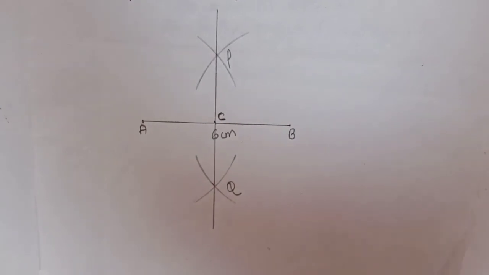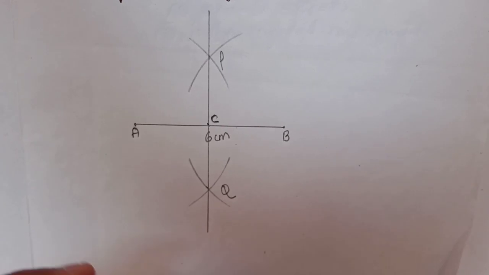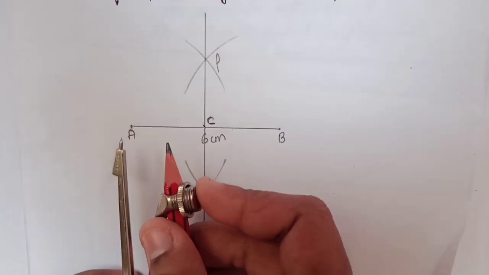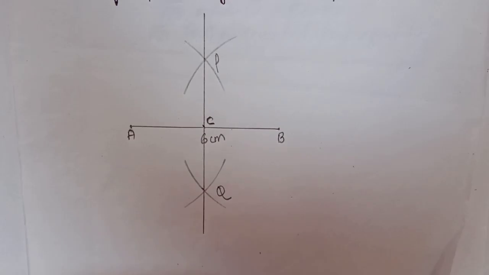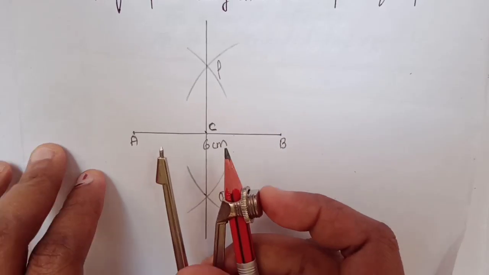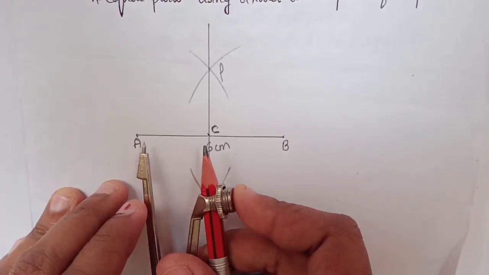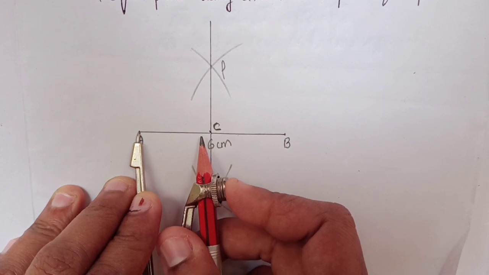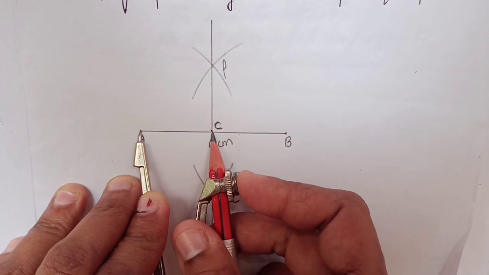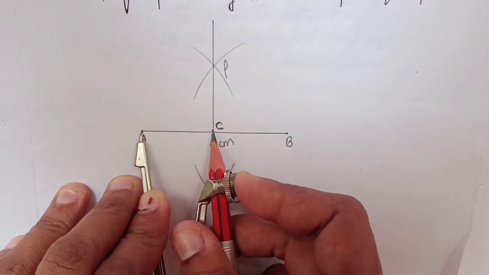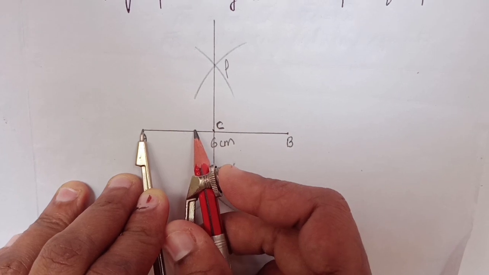The next step is, next you have to bisect AC. Again the same process. Here this is AC. So take more than half of length of AC.